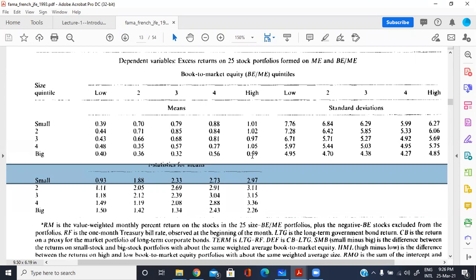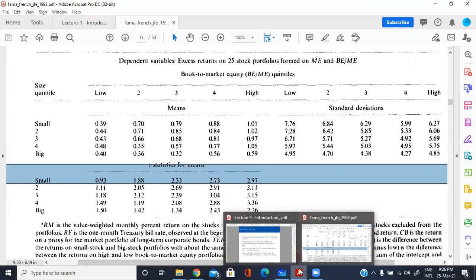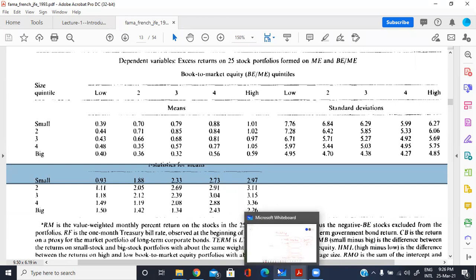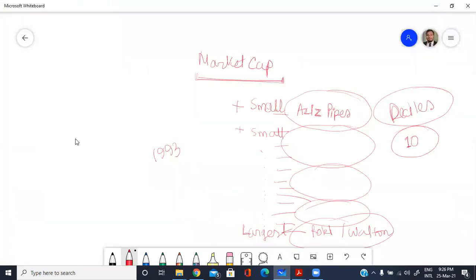Now, what will be the profitable strategy? To buy small stock and to sell big stock? Not really. That creates a higher riskier portfolio.